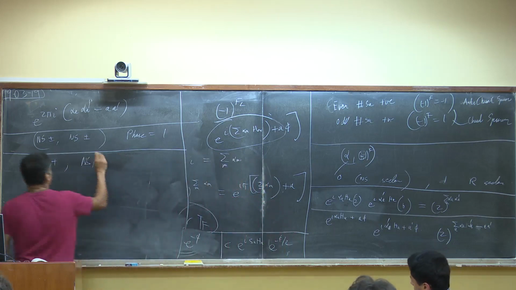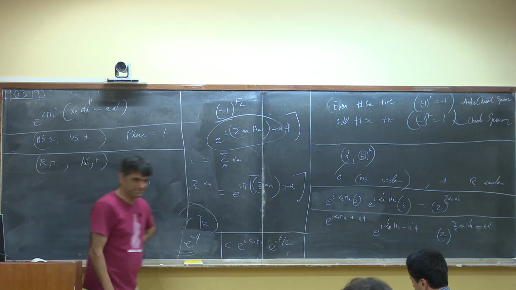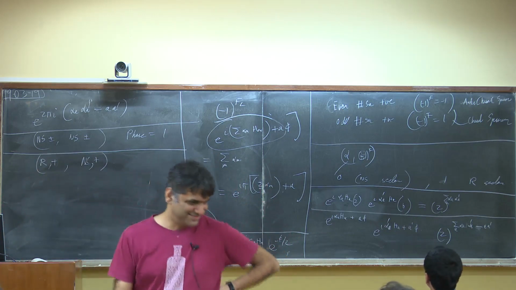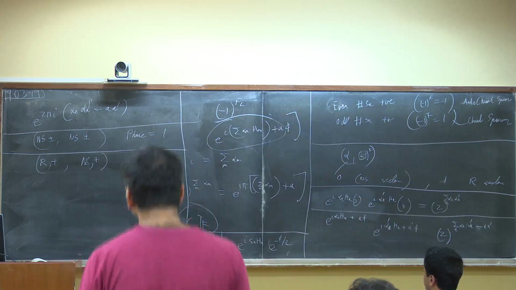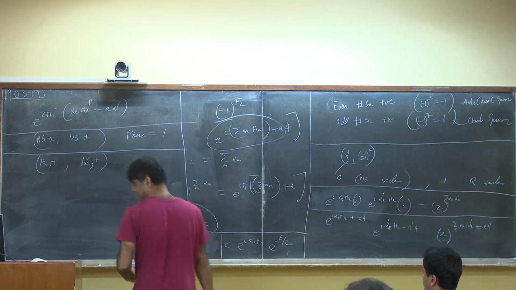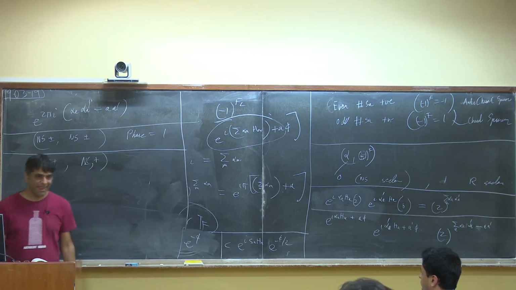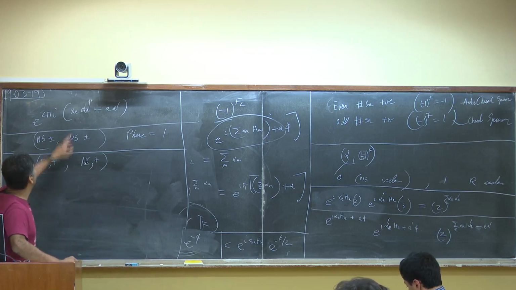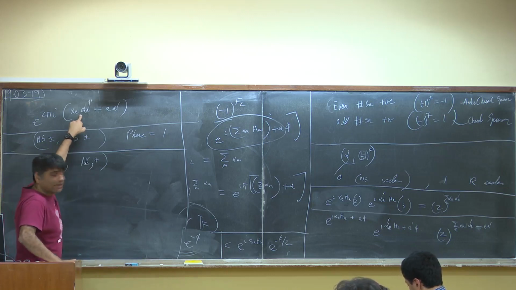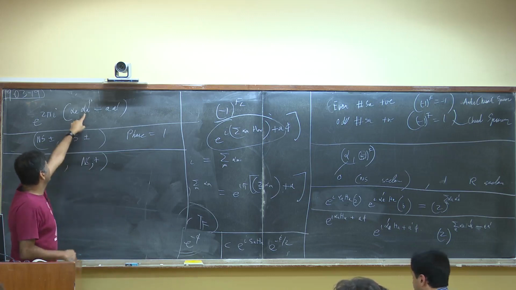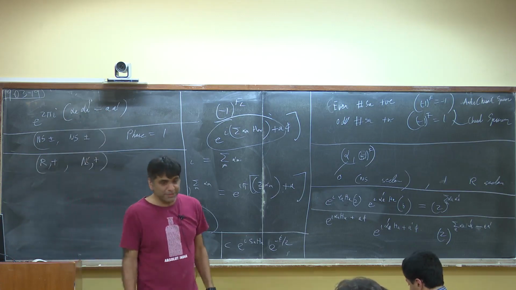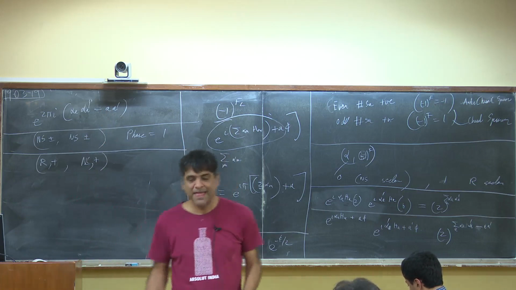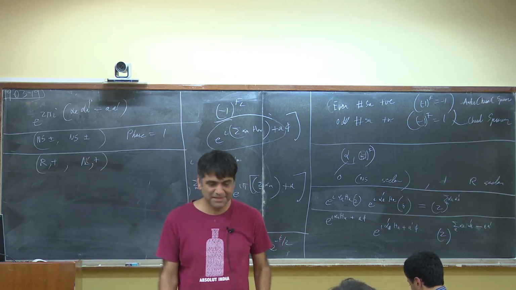So let's suppose we do NS plus with Ramond plus. Okay, so suppose the alphas were in the Ramond sector, and the alpha primes were in the NS sector.